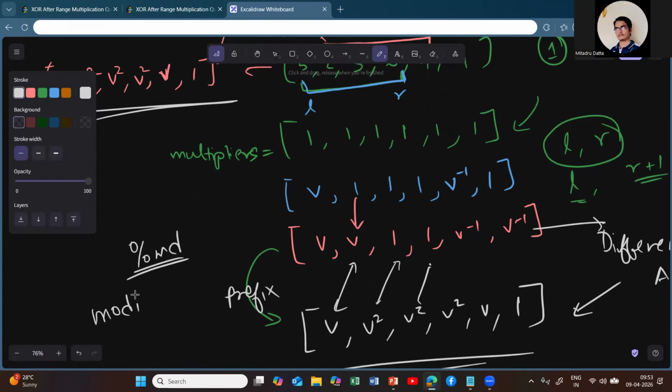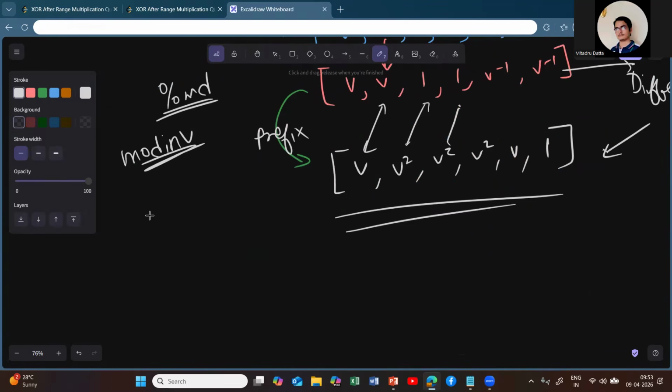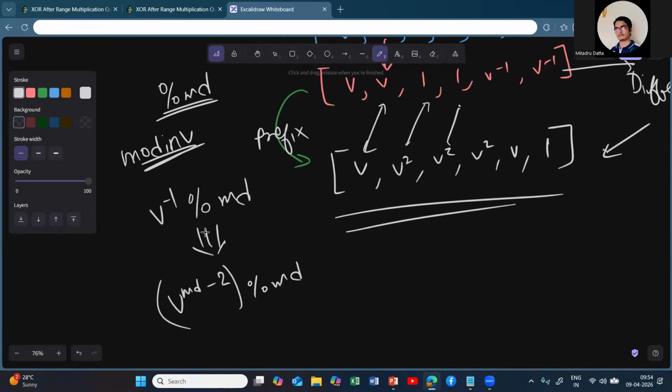And multiple times I have told you, there is a theorem called Fermat's little theorem, which tells you that v inverse modulo is equivalent to finding v to the power mod minus 2, whole modulo. This is equivalent to finding this.